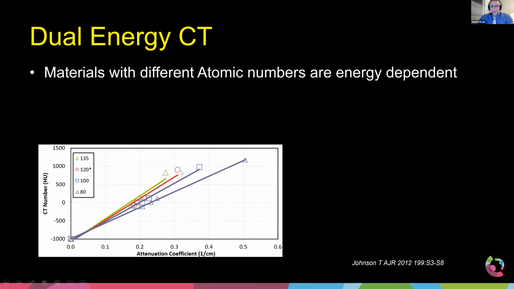Now, if we've imaged that exact same person or object at a lower kV, and we put the ROI in their bone, their CT number is going to be higher, much higher. It's going to be over 1,000 Hounsfield units. And so the idea that the CT numbers would change with different energies is that fundamental reason, because there are different attenuation coefficients for each of these tissues.